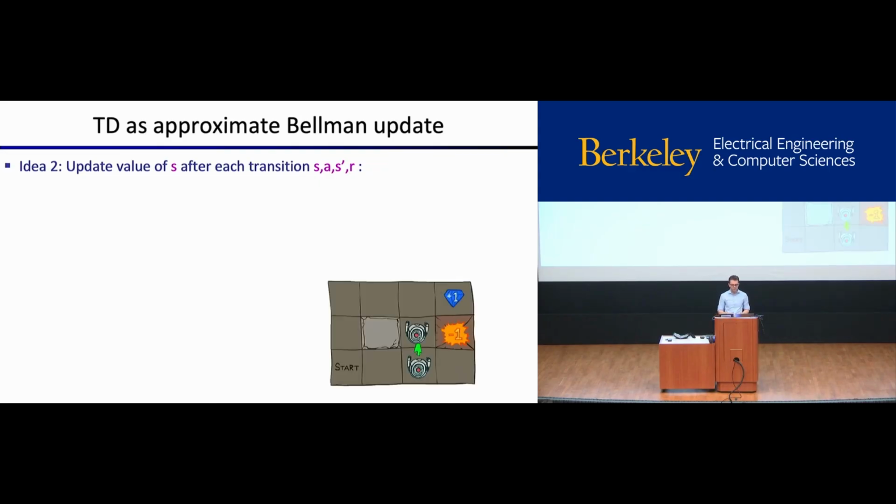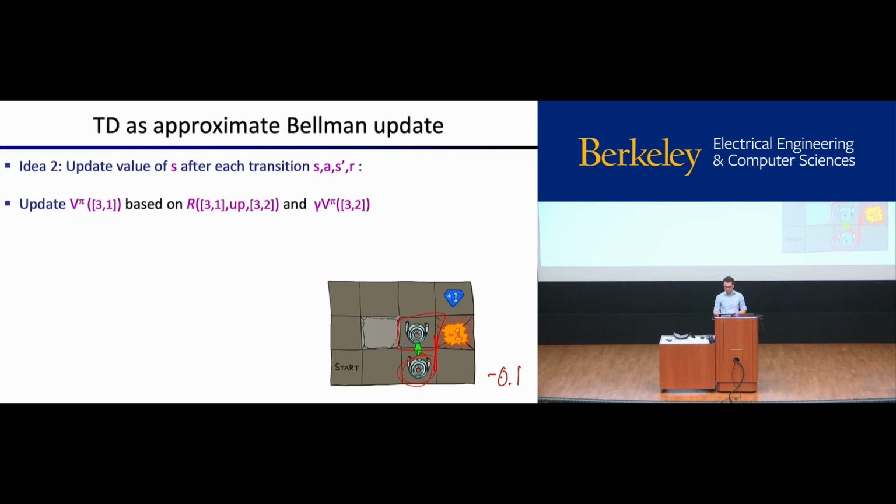Okay, so we try this thing out, we end up in a state, and then we say, cool, let's do an update. Let's update the value of this state based on the reward for going up, which could be, I don't know, minus 0.1, and then the value of being in this state, which could be, I don't know, whatever our value function says it is. We have some estimate.